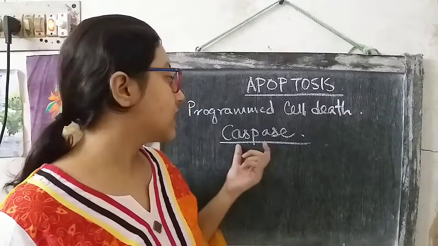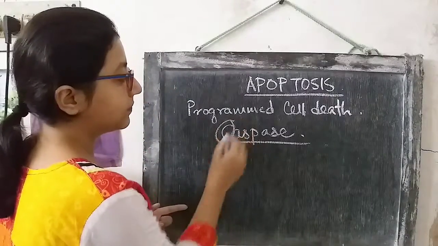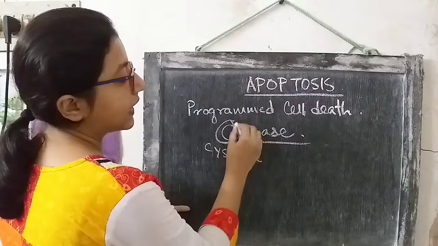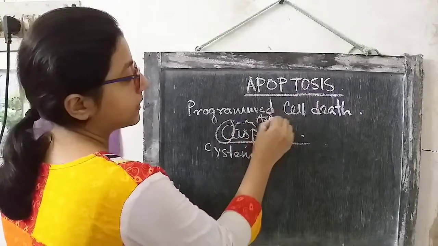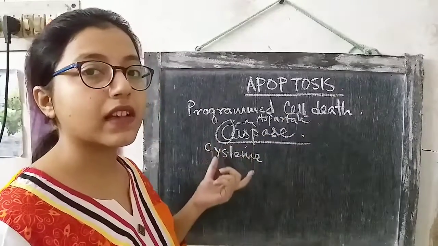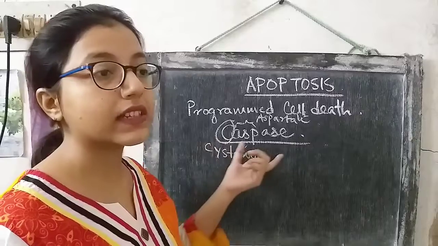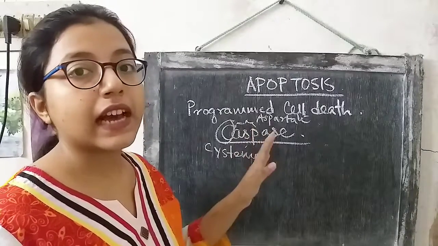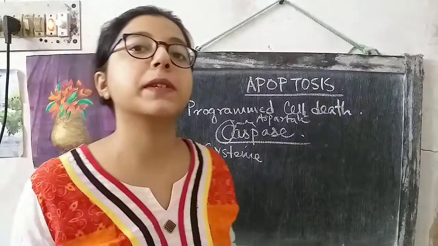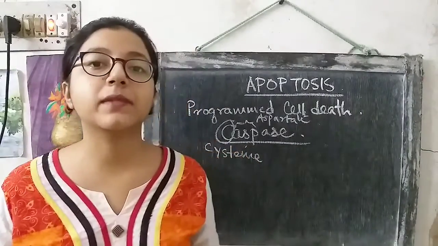So C stands for cysteine, and ASP stands for aspartate. These caspases are cysteine proteases that cleave the target at the site where aspartate is present. It cleaves just beside the aspartate residue. This is the criteria for cleavage by a caspase enzyme.